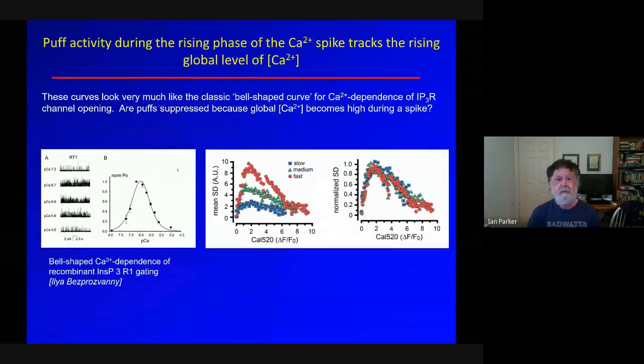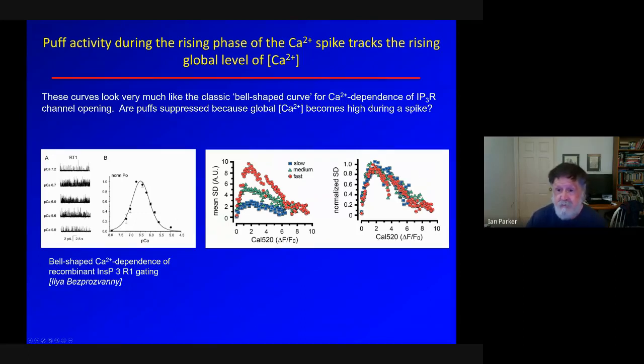Maybe what we're seeing is a reflection of the classic bell-shaped curve for the calcium dependence of IP3R channel activation. Increasing calcium levels at first increase the probability of opening of IP3 channels, and then as the calcium goes higher, that probability goes down. The channels tend to shut.